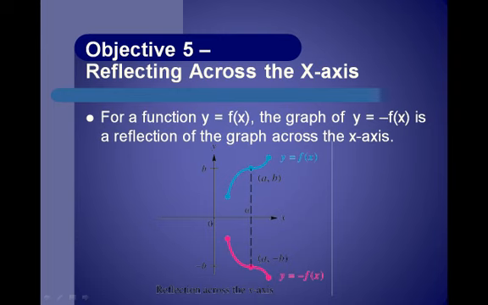Now what that means is, for this first point, if we were up this many units, then for a reflection, we go down the same number of units. For the second point, if we went up a units, the reflection means we're going to go down a units, and so forth. So whatever we did up at the top, now we're doing down at the bottom. And what this looks like is y equals the negative of f of x.